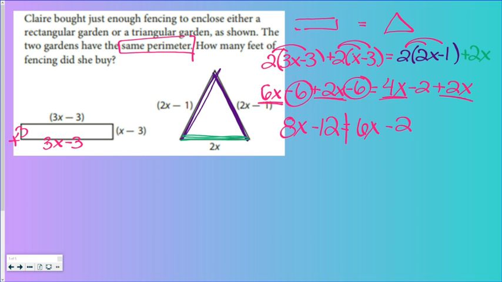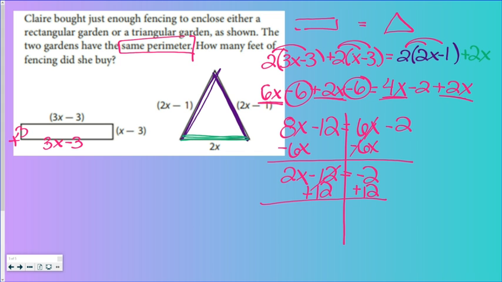Start solving. Subtract 6x from both sides to get our variables together. Add 12 to move our constants. And then we'll divide by 2 so that we can cancel out that coefficient and have just 1x.